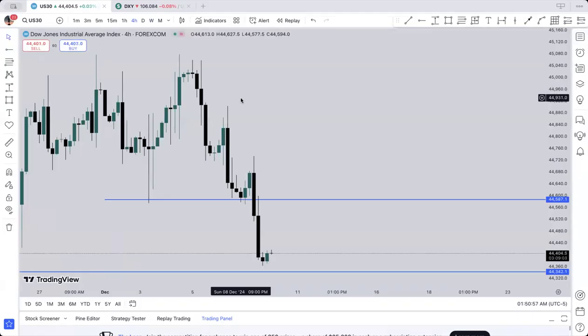And one funny thing about US 30 and Nasdaq is that they sometimes move in very opposite directions. So you have to know the uniqueness of the indices, basically S&P, Nasdaq, and US 30. You should be looking at this high.